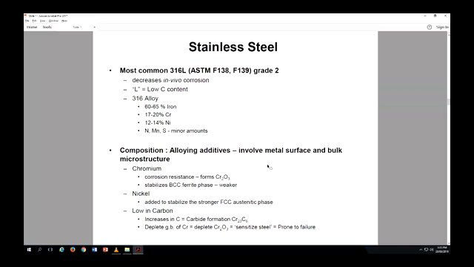By adding or removing some other elements, like nickel here, you can stabilize different structures and get different properties of the material. Some are a lot stronger, some are not as much, some are more brittle, and others are more ductile.